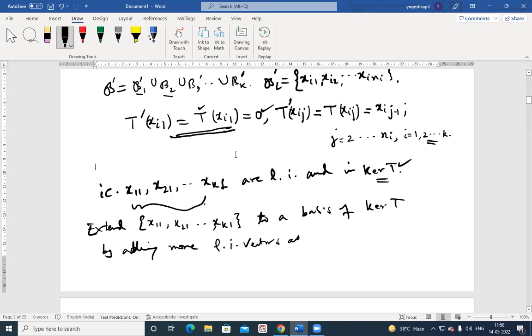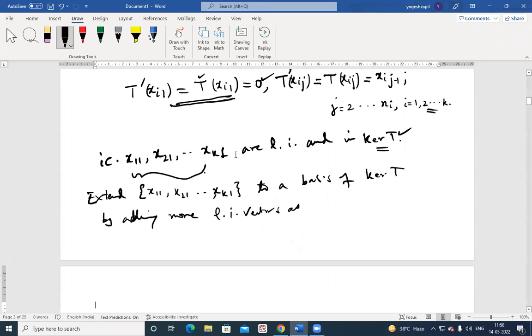These elements are in the kernel as well as the image. The image of T dash is contained in the image of T, but we are not concerned with that. We are only concerned with the image of T dash.